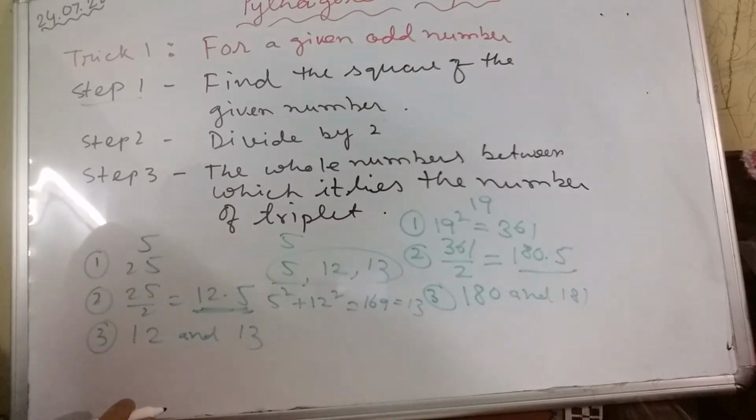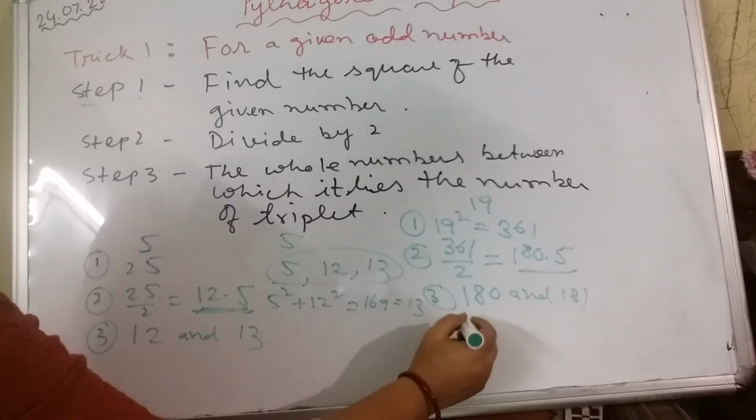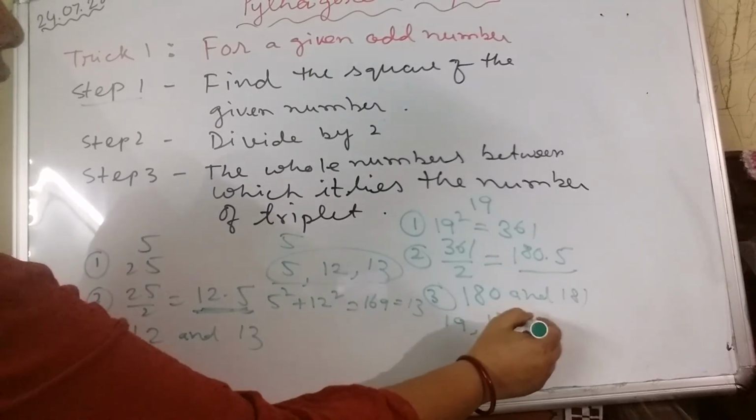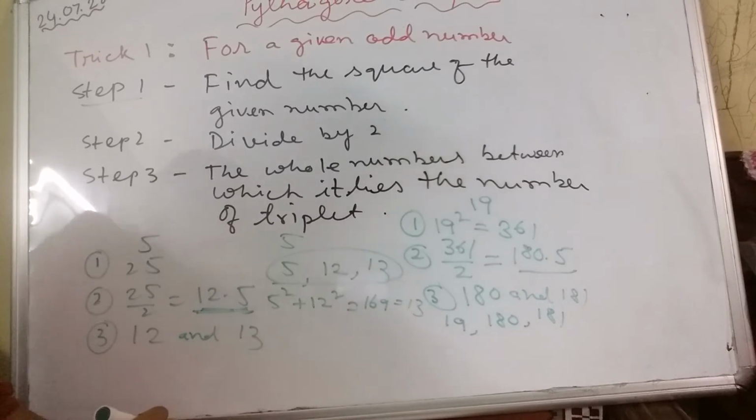So the Pythagorean triplet will be 19, 180 and 181.